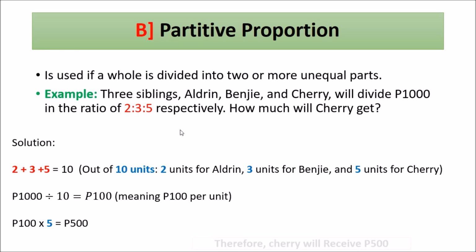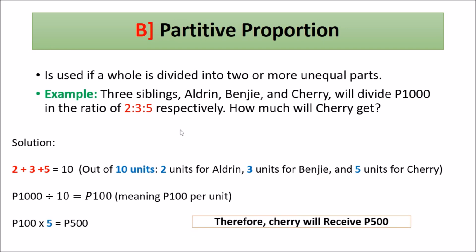So that's it. So therefore, Cherry will receive 500 pesos. And that is our final answer. And that is an example for partitive proportion.